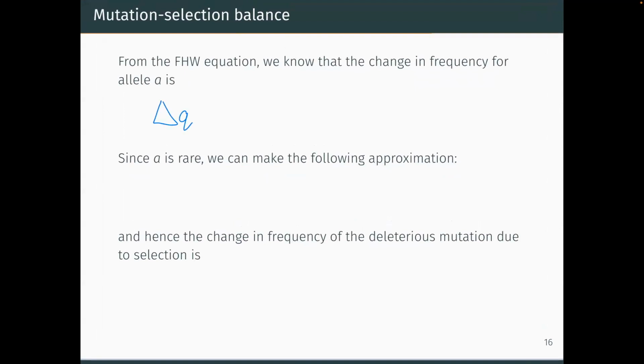When I say deleterious, I mean disadvantageous. It turns out to be the selection coefficient times Q, which is the frequency of that little a allele, times 1 minus Q, divided by 1 plus our selection coefficient times Q.